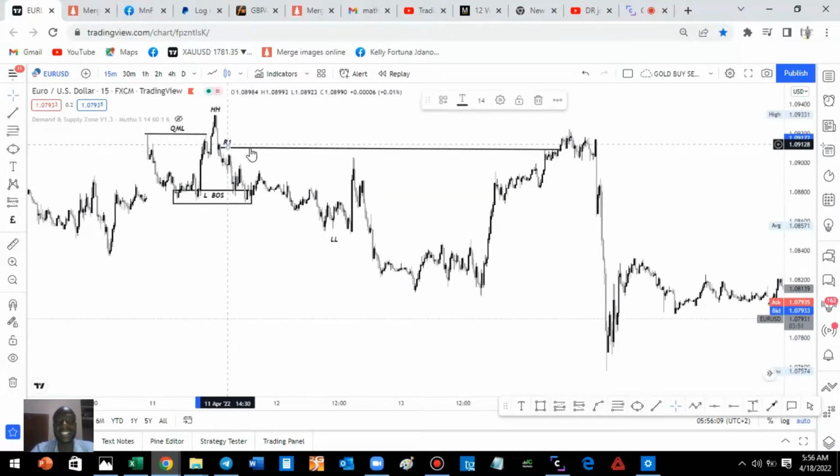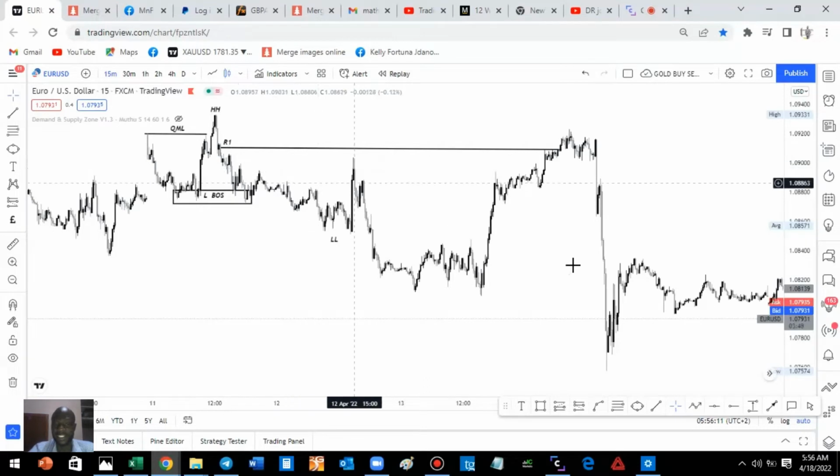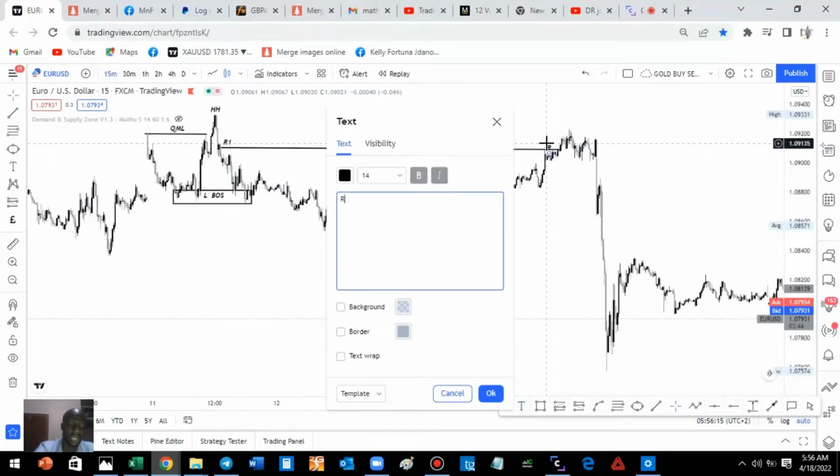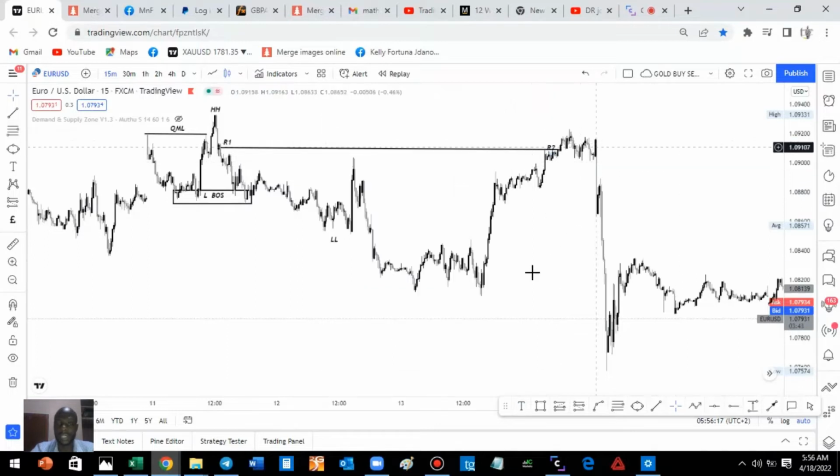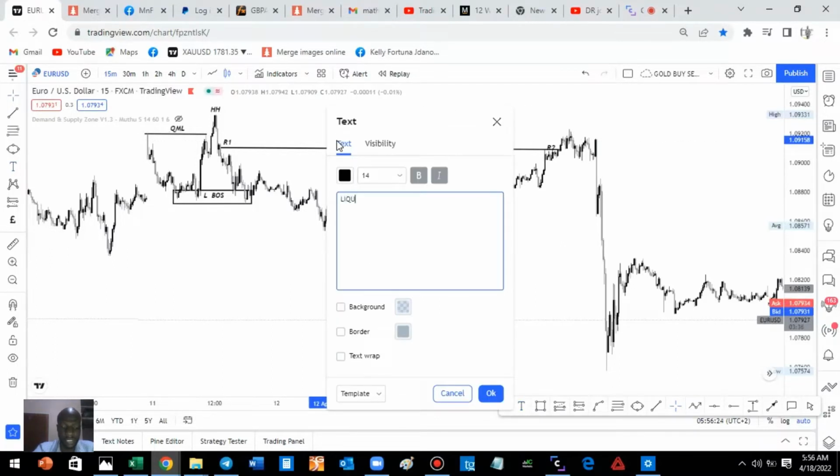Remember, a resistance is not an exact price point, it's a zone as well. This is R2 right there. Therefore, this is my liquidity zone.